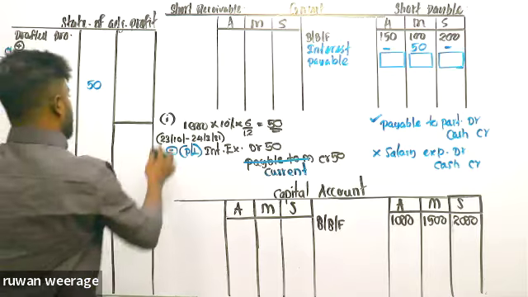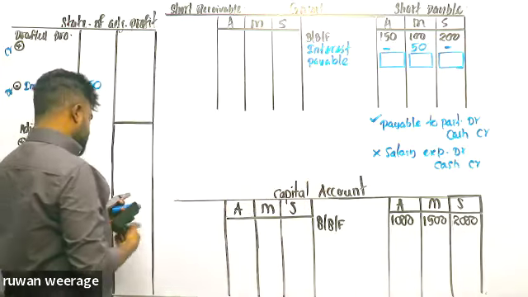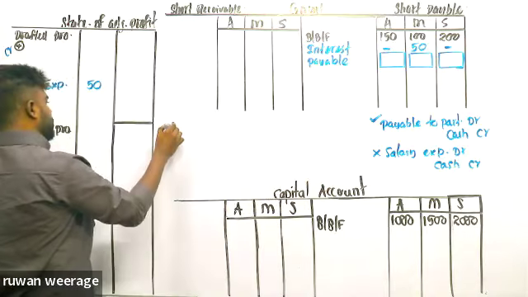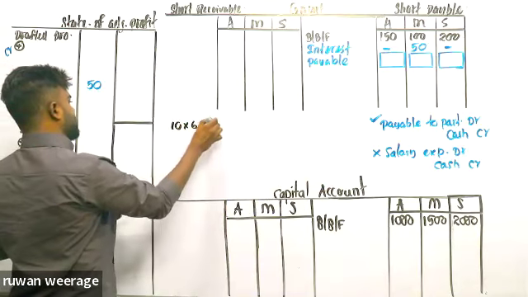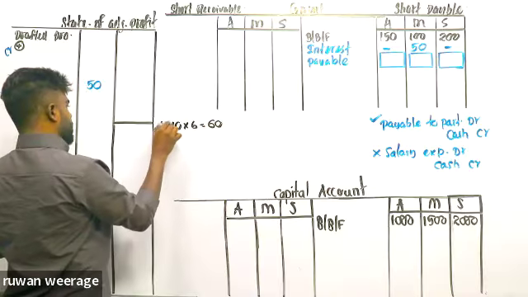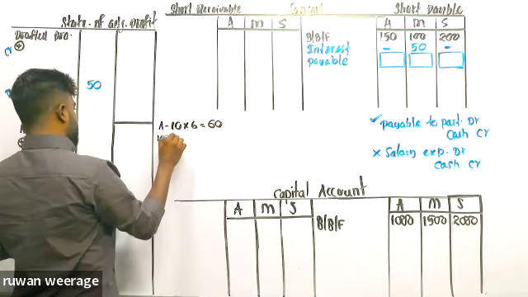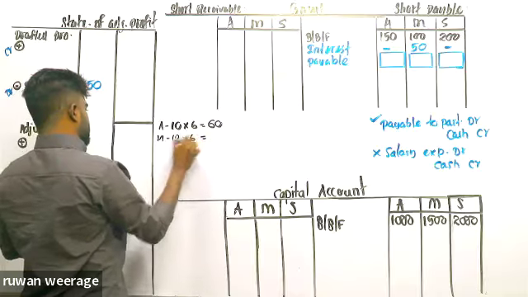Therefore, calculate the salaries paid, 6 months salaries. The first partner, Amit, 10,000 for 6 months is 60. Malit, 12,000 into 6.